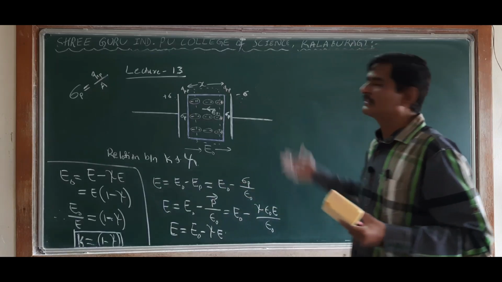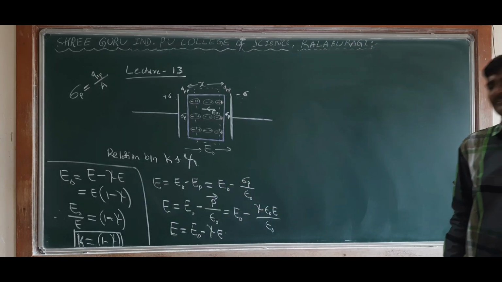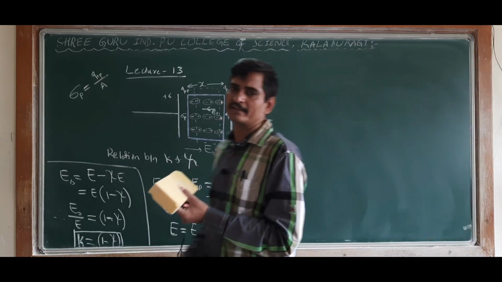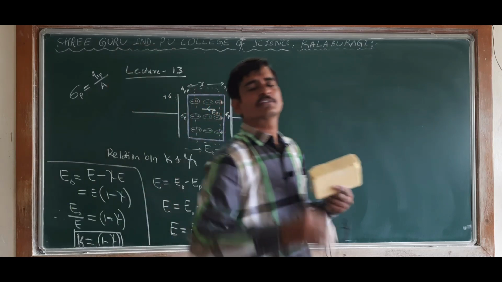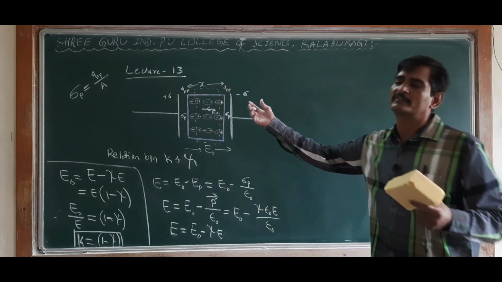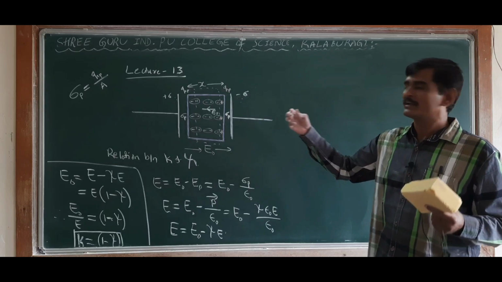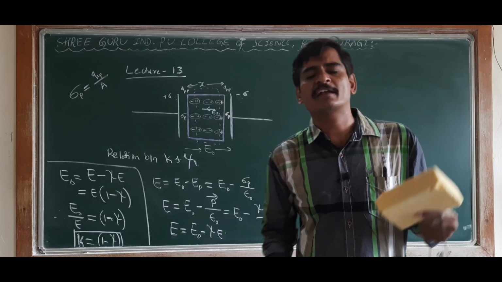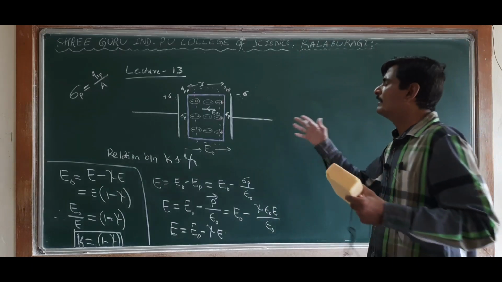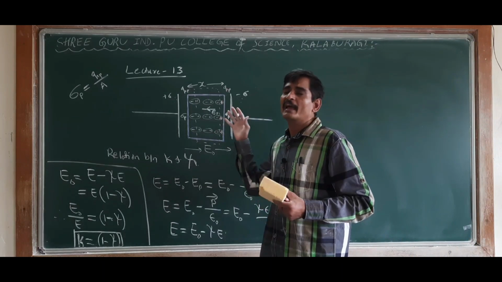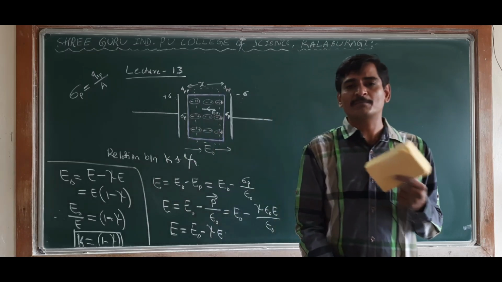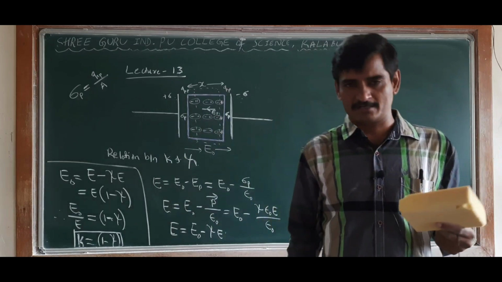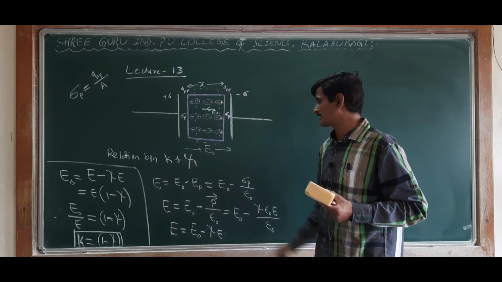As a result, dielectric breakdown takes place, and electrons and positive ions are created inside the dielectric. These electrons and positive ions will conduct electricity through the dielectric. That means a dielectric becomes a conductor.